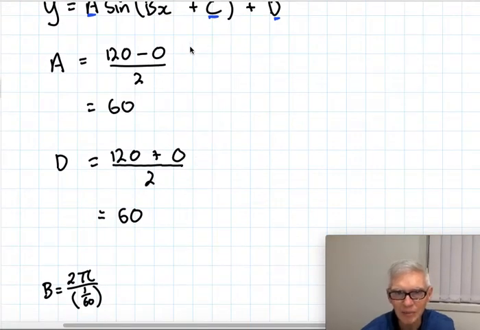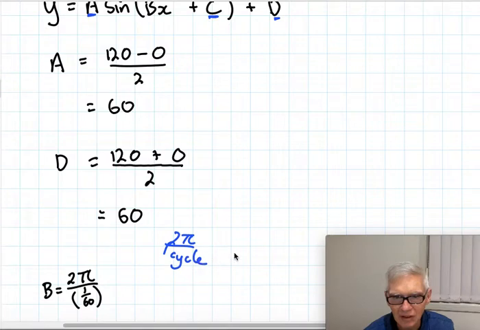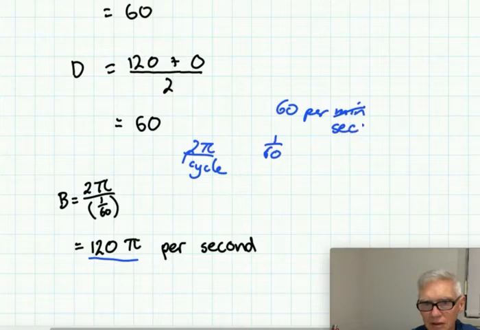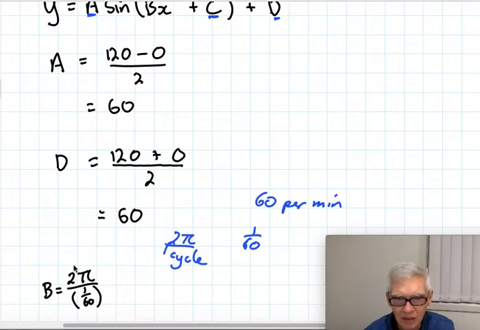Now to work out b, it is always 2 pi divided by 1 cycle. Now a cycle, it does 60 per minute. So that's 1/60th of a minute is 1 cycle. That should have been per second, not per minute. Slight slip of the tongue there. So that's why I've gone 2 pi divided by 1/60.